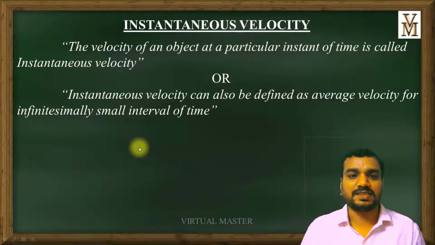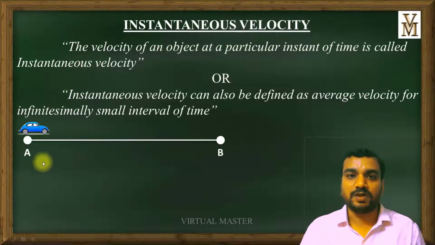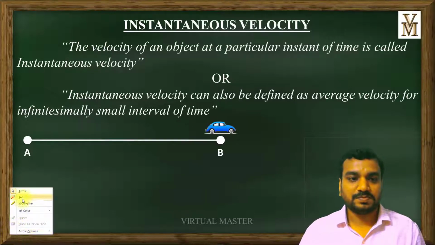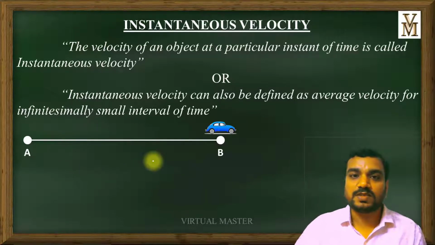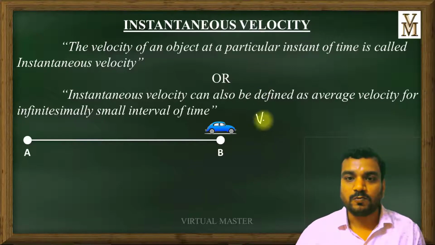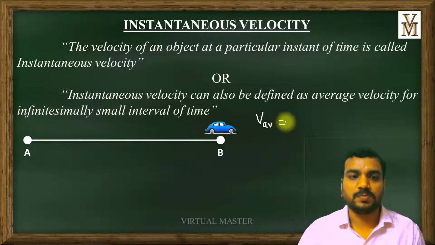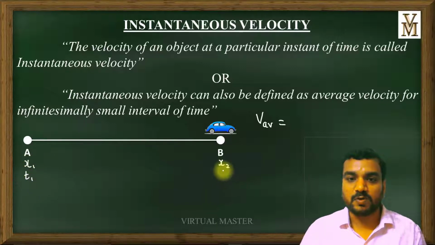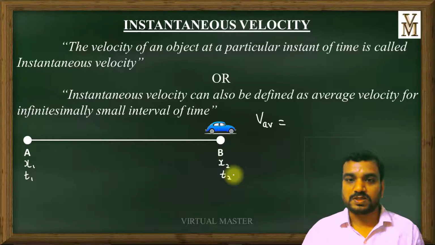Let us consider the same example, a car moving from point A to point B. Now the average velocity of this car can be written as V_av is equal to, suppose x1 is the position of point A and x2 is the position of point B, and at point A the time is t1 seconds and at point B the time is t2 seconds.